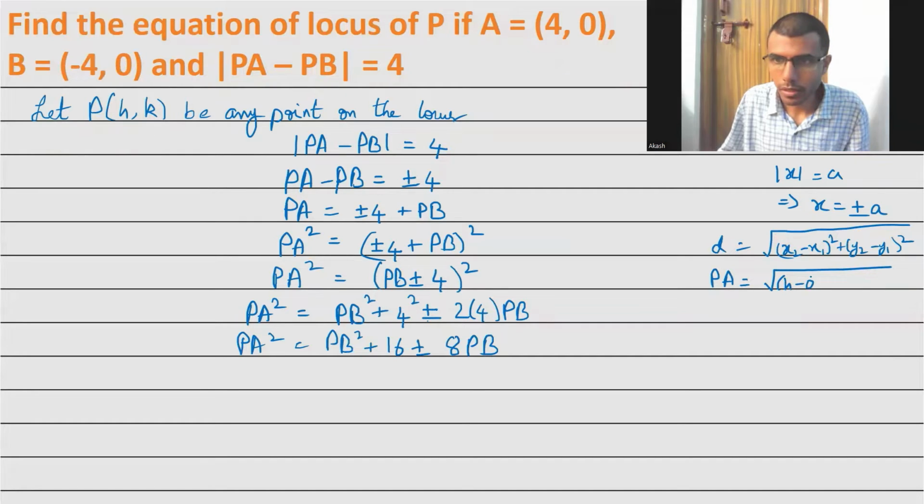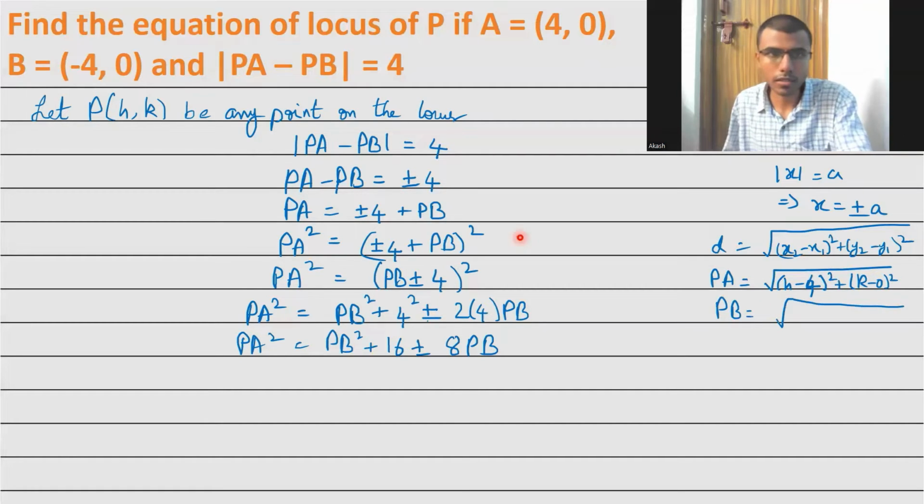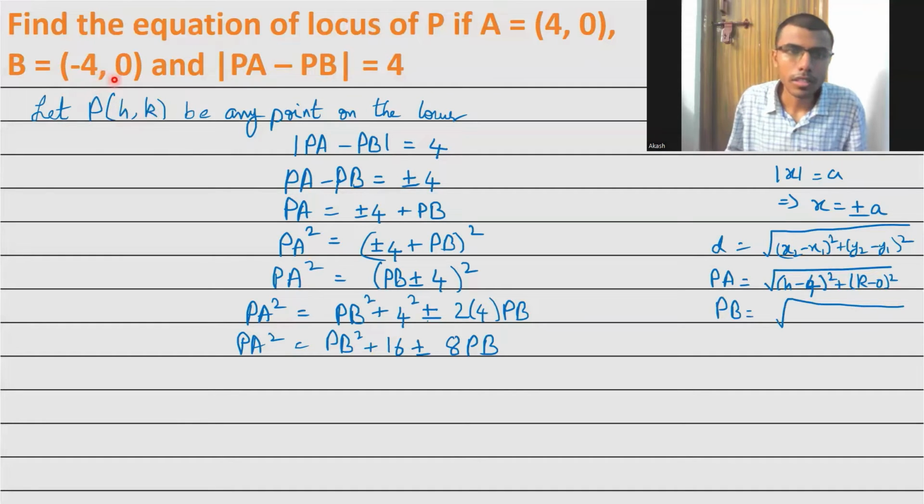H minus 4 whole square plus K minus 0 whole square. Likewise, PB would be nothing but the same, take H comma K as x2, y2. Here it is minus 4, 0. So it would be H minus of minus 4, which will be H plus 4 whole square plus K minus 0 whole square.